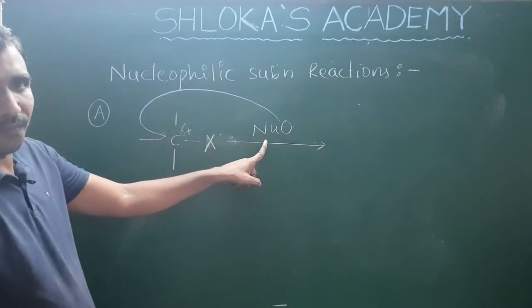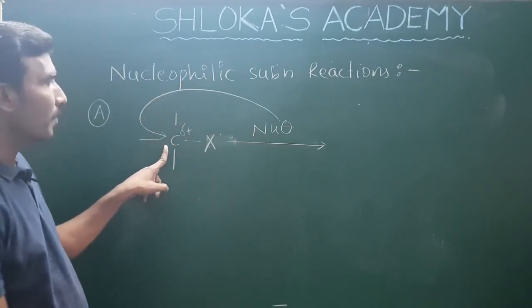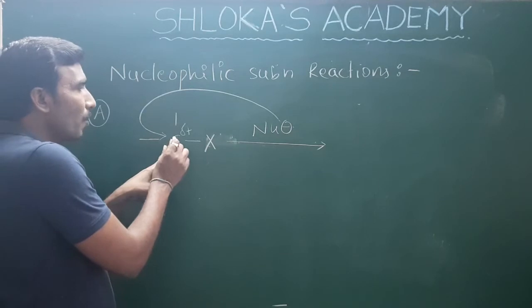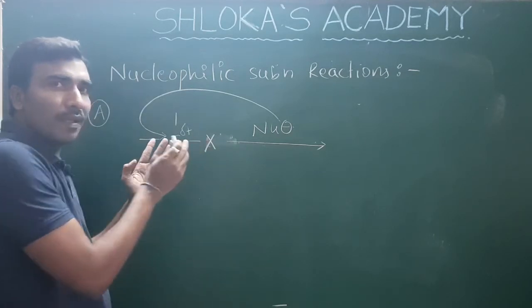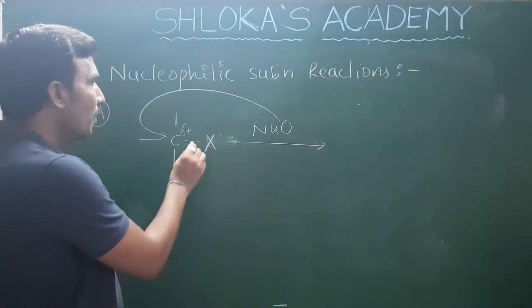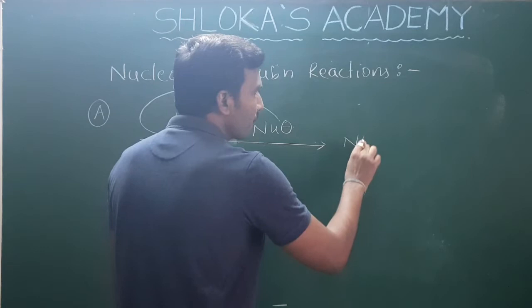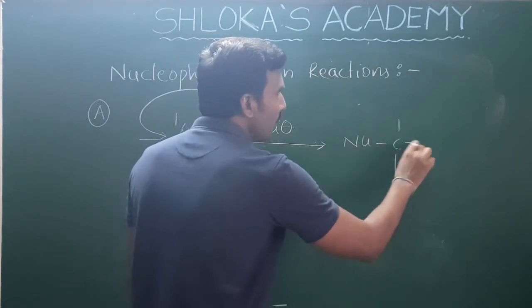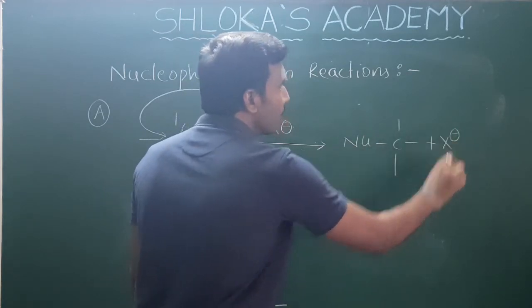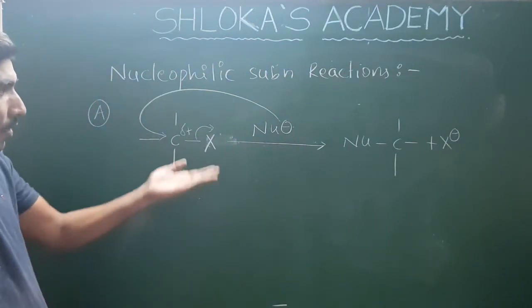As the nucleophile approaches, the bond between carbon and halogen will break heterolytically, so the halogen will leave as X minus. Then we get the nucleophile attached here and X minus as the leaving group. This is one type of mechanism.